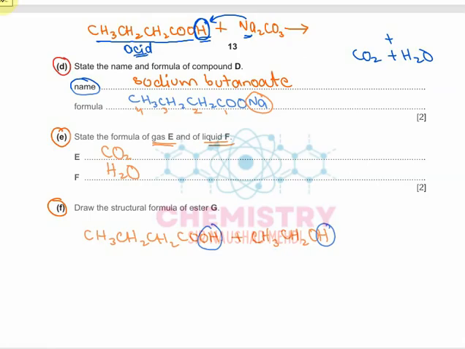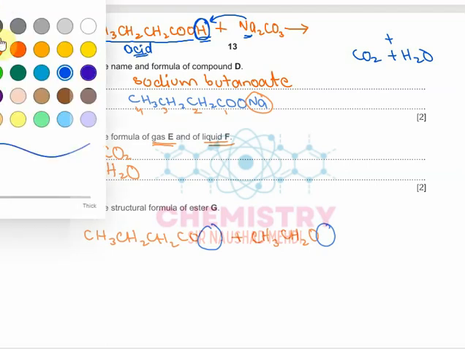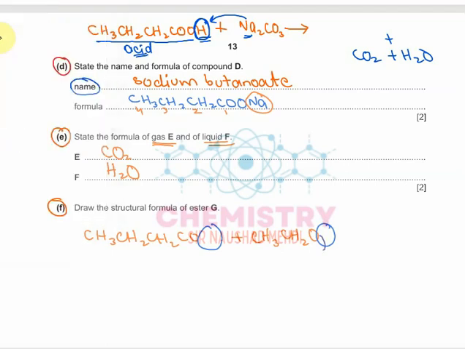And once this H and OH are removed, if you remove the OH from this side, and if you remove the hydrogen from this side, because they are removed in order to form water, what will happen? This O will now make a bond with this O of the carboxylic acid from which the OH is being removed. So what final result will you get?